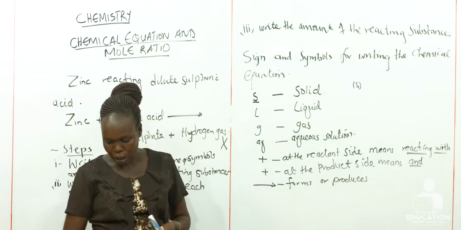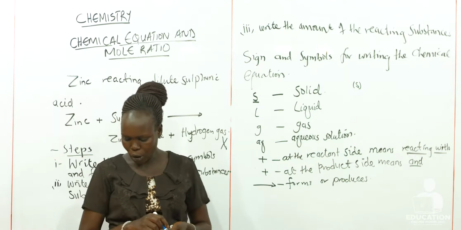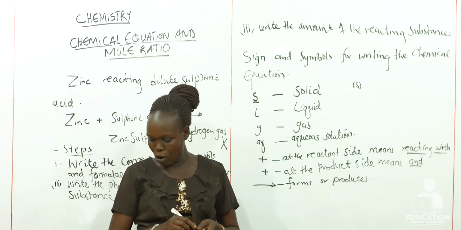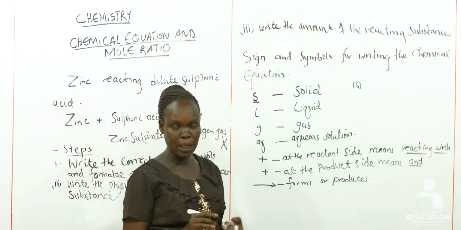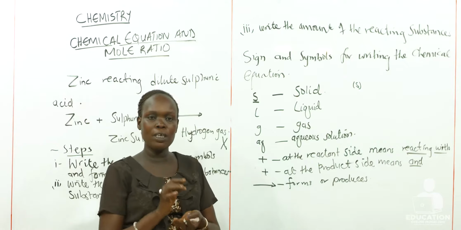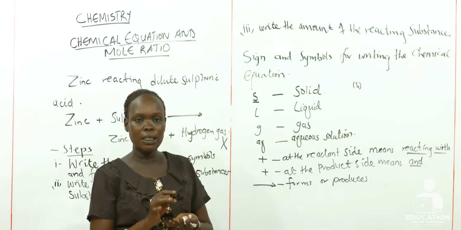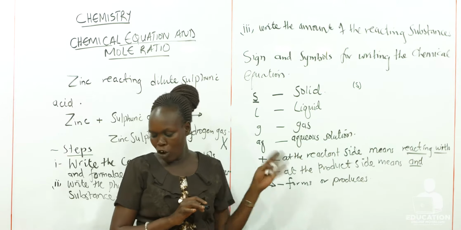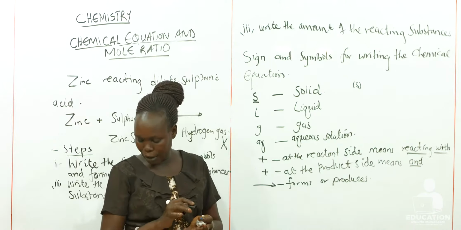So you have to put it inside the bracket to represent the physical state of the reacting substances. Hence, whenever we write a chemical equation, we are assuming the law of conservation of mass. It means the reactant side and the product side should always have the same mass.